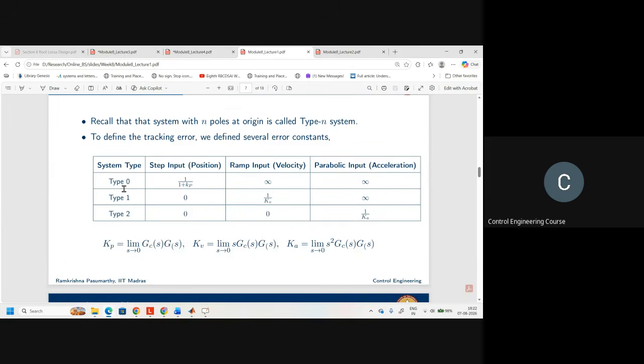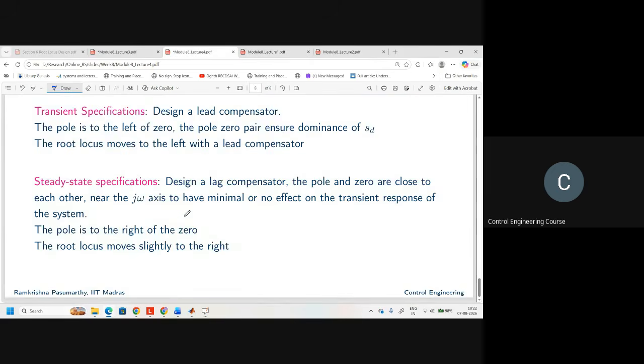So for type 0, for a step input, the steady state error is 1 by 1 plus Kp, but for the remaining inputs it is infinite, right?